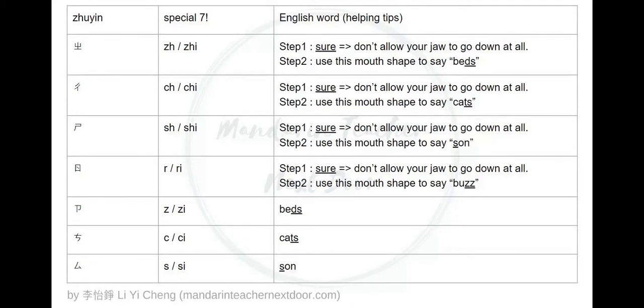So bring it to first tone. Don't worry about a lot of vibration. It's not going to be a lot, but try to mimic it or use that tip to help you find as close a pronunciation as possible. Good. So we finished Special 7.